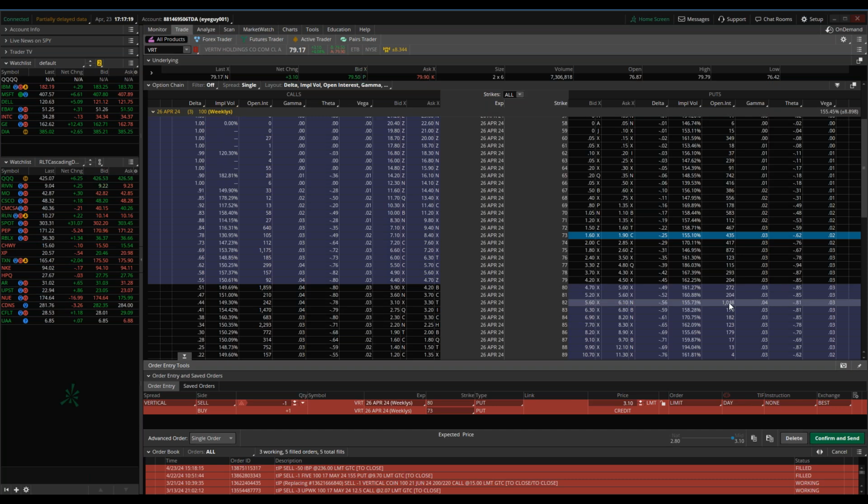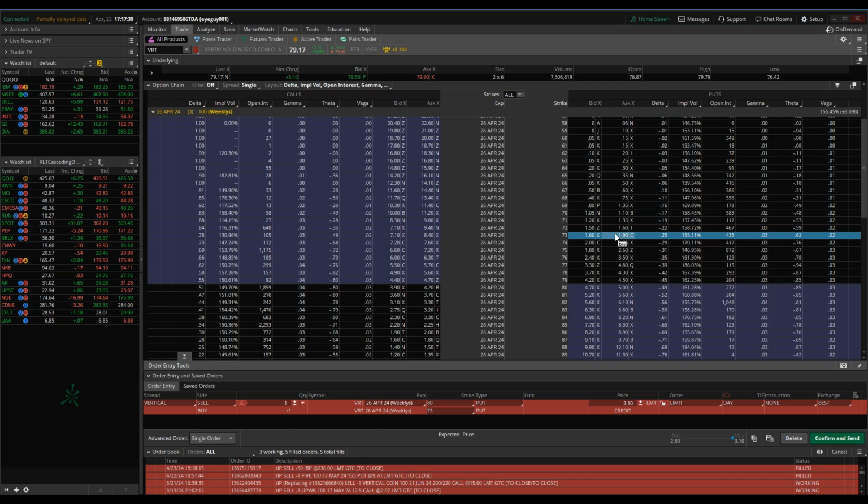But what is more important is the difference between the bid and the ask. See right here on this particular spread, this is 30 cents on a $1.60 by $1.90 spread. This is not great volume on this position.